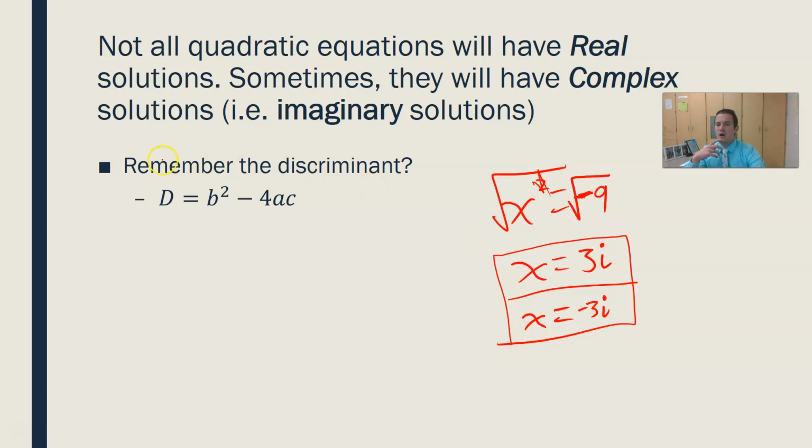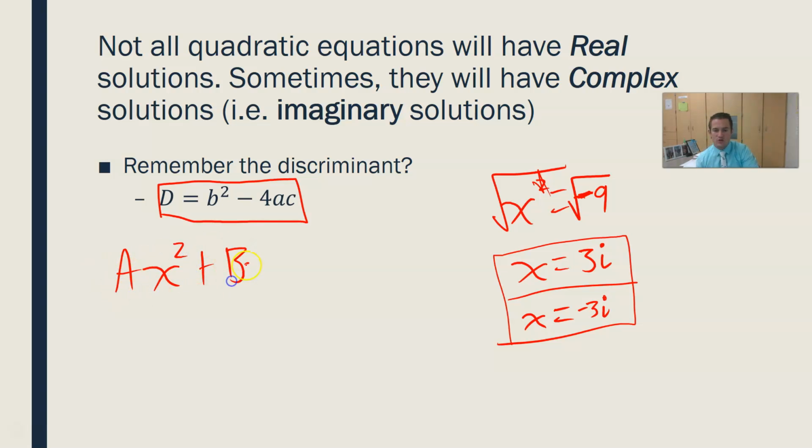On the subject of solutions to quadratic equations, remember the discriminant? We talked about how the discriminant is b squared minus 4ac. If I have the standard form of a quadratic function, ax squared plus bx plus c equals 0, the discriminant is b squared minus 4 times a times c.